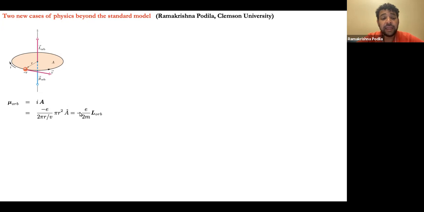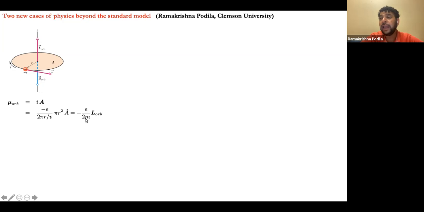So if you substitute S, standing for the spin of the electron or any lepton, instead of this orbital L, then you would get the charge divided by just the mass. That is what is called the g factor. The g factor would multiply this entire e by 2m, so that if the g factor is 2, then this 2 and the 2 in the denominator would cancel out.